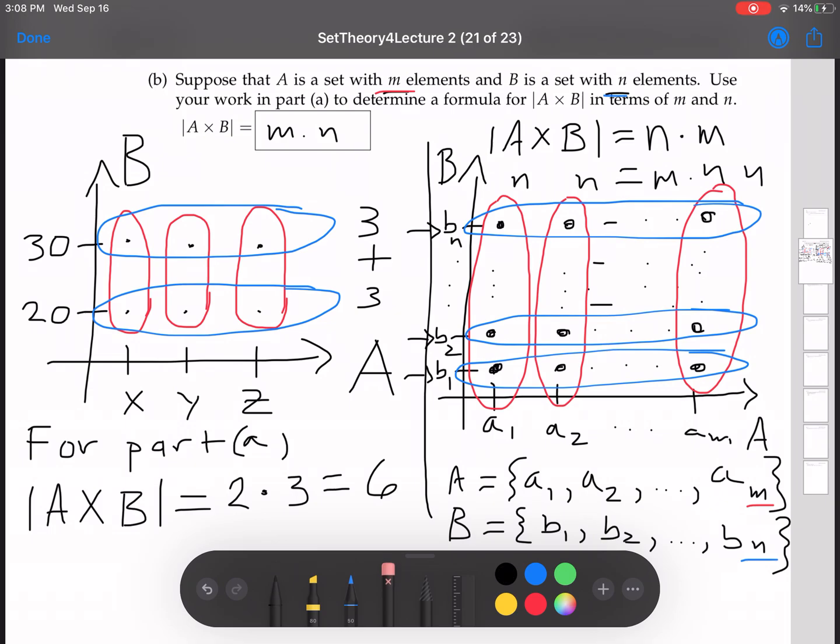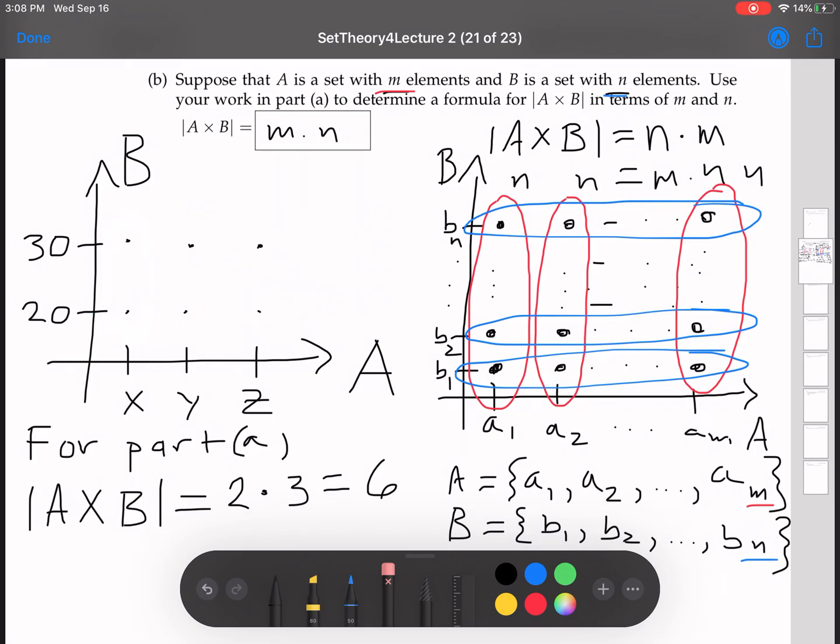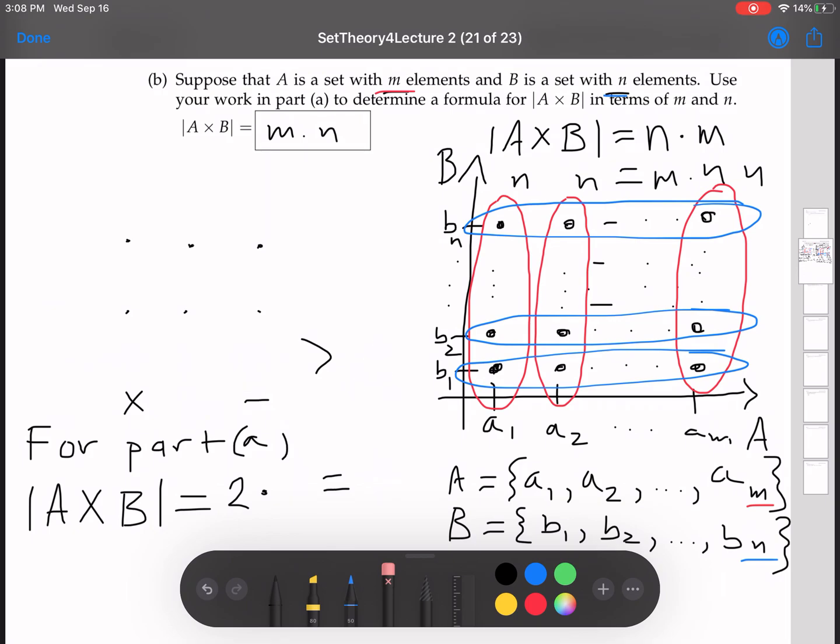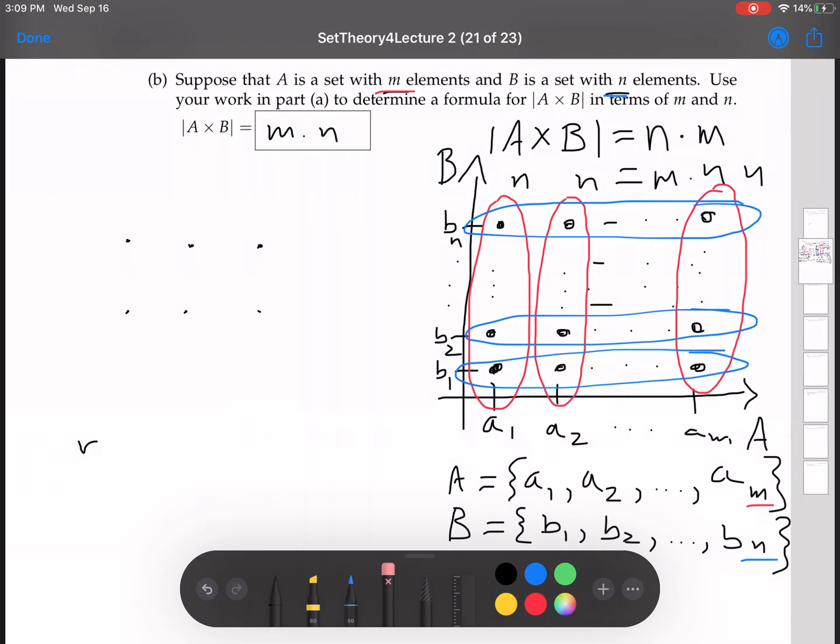Now, perhaps you might be saying, I want to see a proof of this, which is a good thing to ask for, especially from a mathematician in a math class. Say, can you prove it?